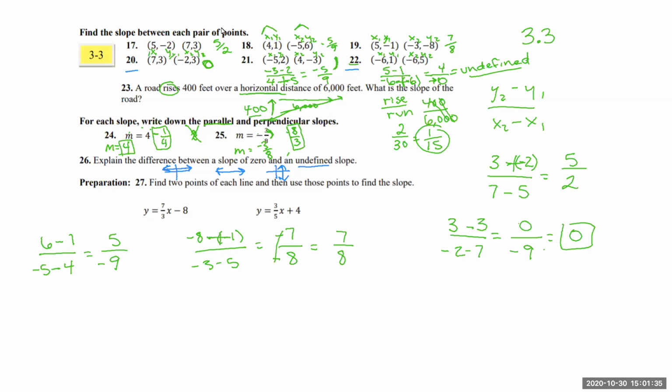Okay, so then on to this last one, I'm going to erase some of what's here. We're going to find 2 points of each line and then use these points to find the slope. So to do this, I'm just going to take random numbers that would go easily into these fractions.